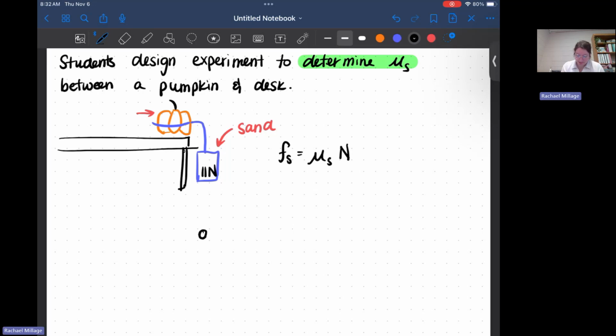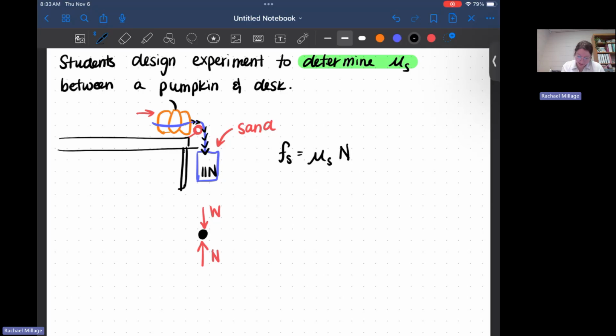I'm going to draw a free body diagram of my pumpkin. So I have some sort of weight pulling it down, and I have some sort of normal force that's balancing that out. And then, let's see, we're going to pretend there's a pulley on the edge of this table, right? So we're assuming that this is a frictionless pulley. So because I have a frictionless pulley, if we use what we know of tension, we know that this force is the same across this whole rope, which means that our pulley is changing the direction of force.